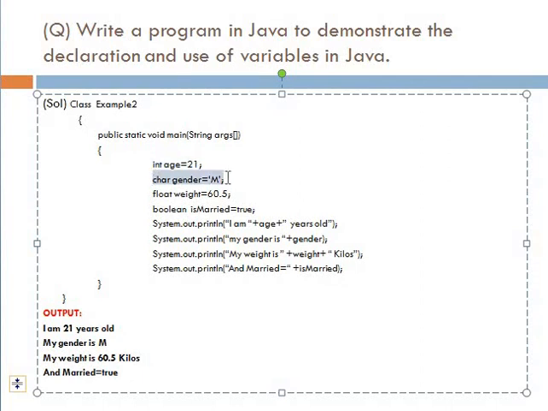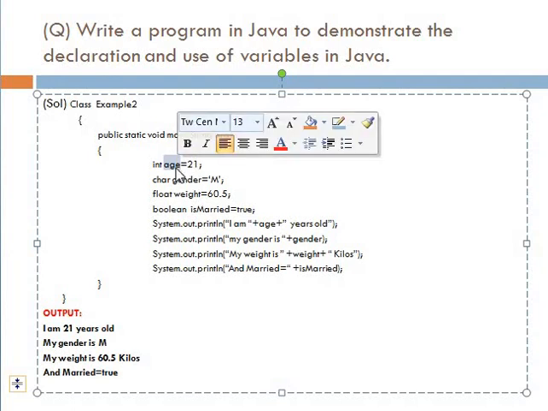Same is the case with this statement. Okay, it's not preceded with the final keyword. So the variable age, variable gender, weight and is married, since they are not preceded with the final keyword, they are not treated as constants, they are treated as variables. And if it's a variable, any value which gets assigned to the variable can be changed later on.